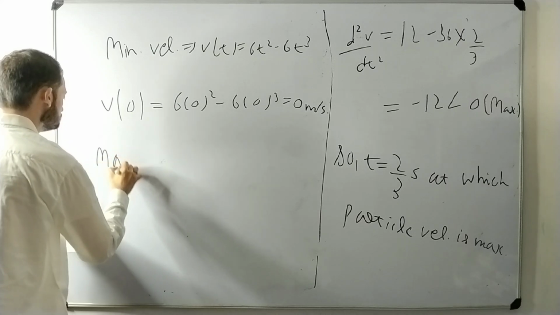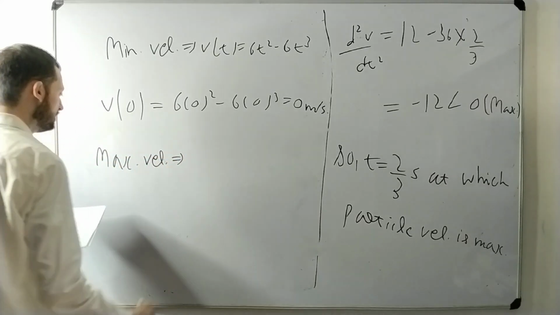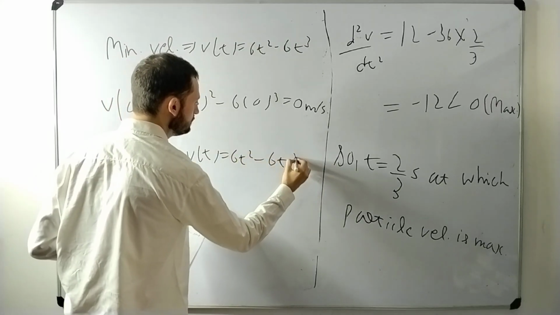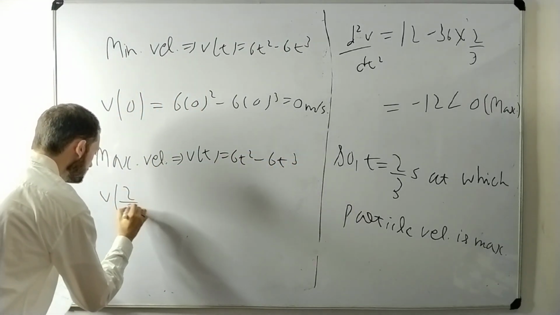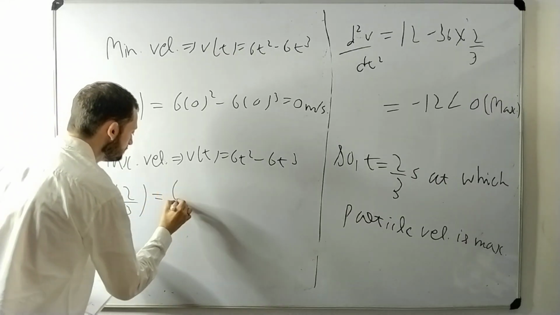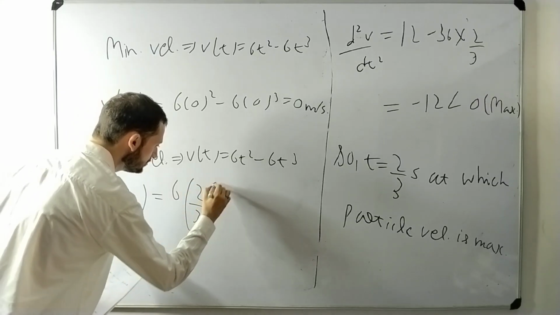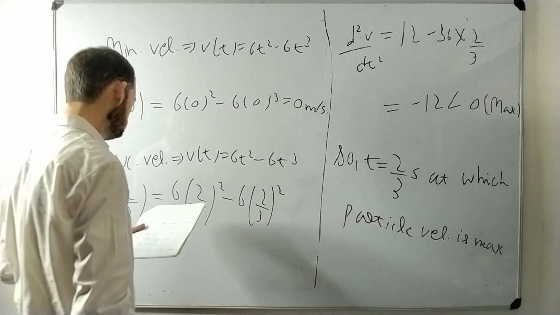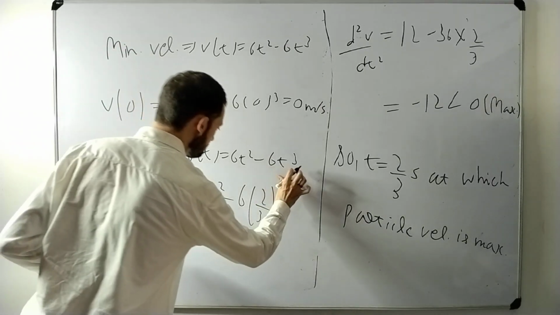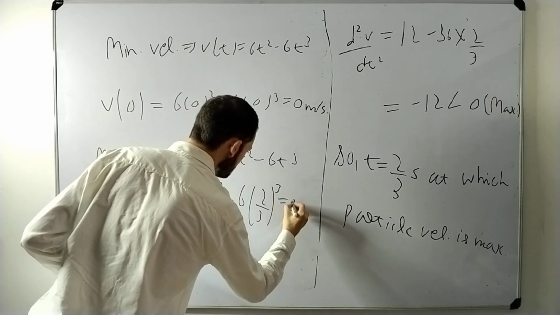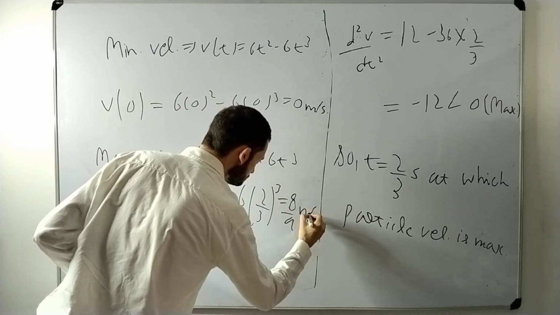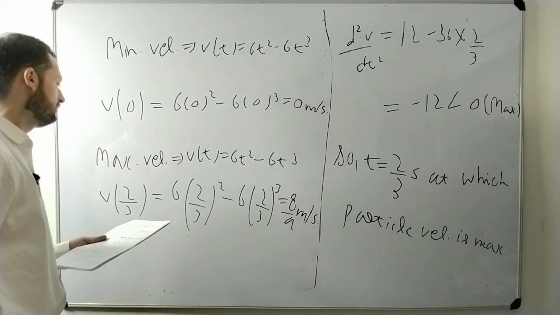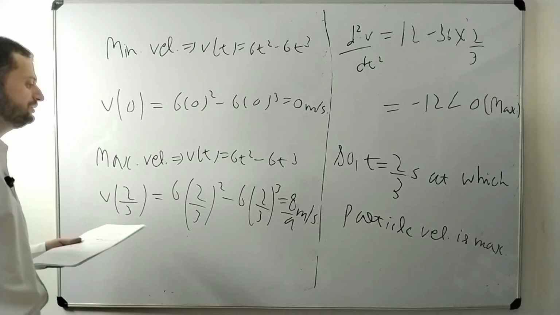Maximum velocity: again v(t) is 6t² minus 6t³. Put t equal to 2/3 here: 6(2/3)² minus 6(2/3)³, and this gives us 8/9 meter per second. So this was the maximum velocity possible. I will stop for now. Thank you.